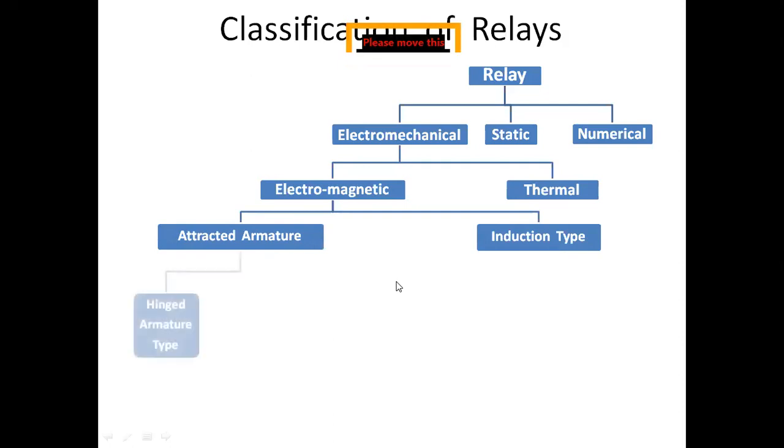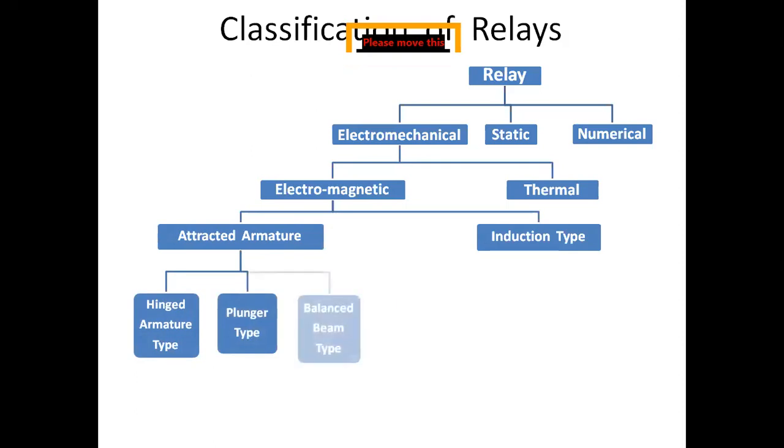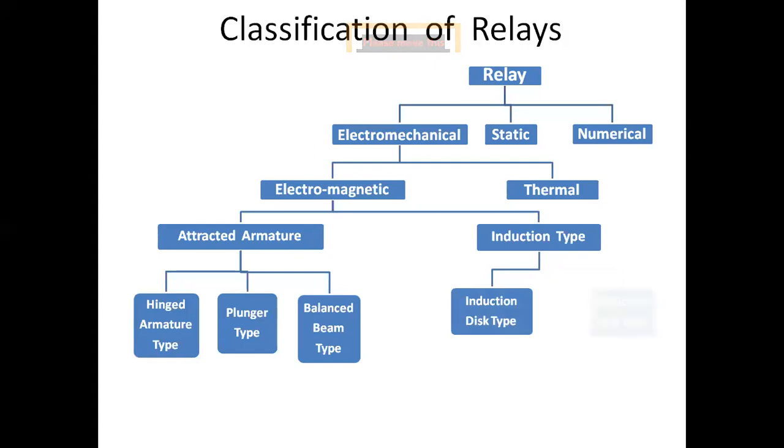The attracted armature type can again be categorized into three categories: hinged armature type, plunger type, and balanced beam type relay. The induction type relay can be classified into induction disc type and induction cup type.